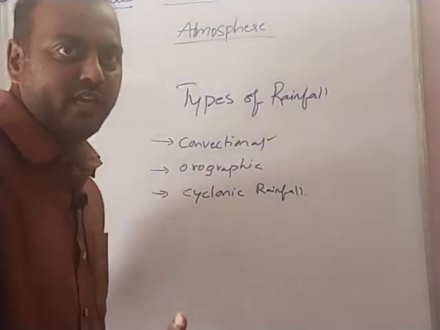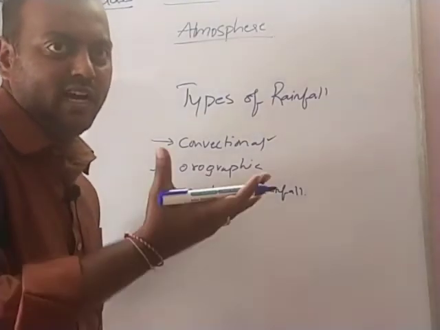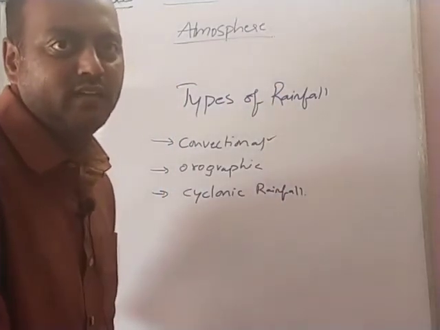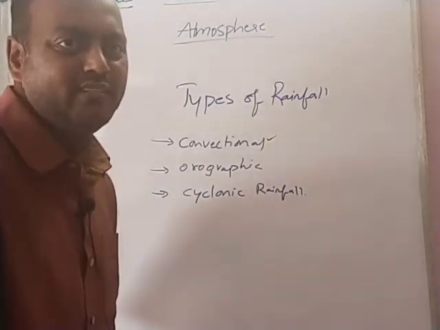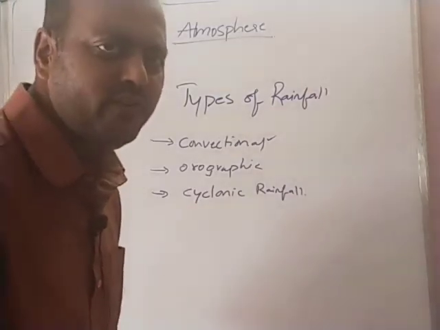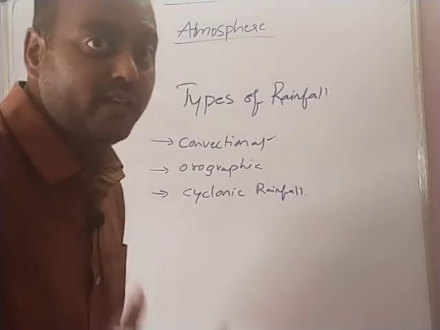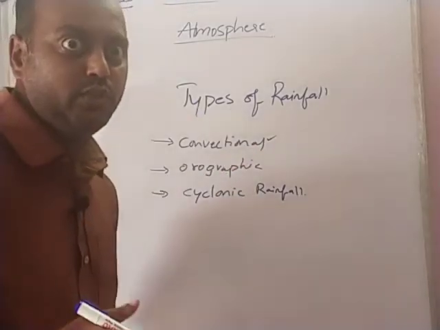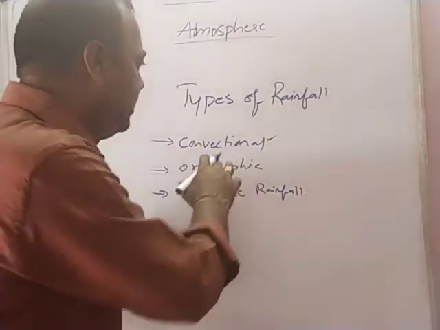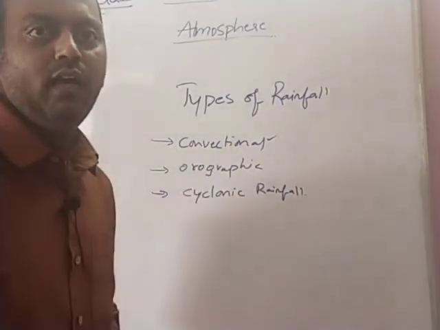The warm air rises up, gets cooled down, and deposits back the water. This kind of rainfall is sometimes accompanied by thunder and lightning, with heavy showers. It is most common in the low latitudes.